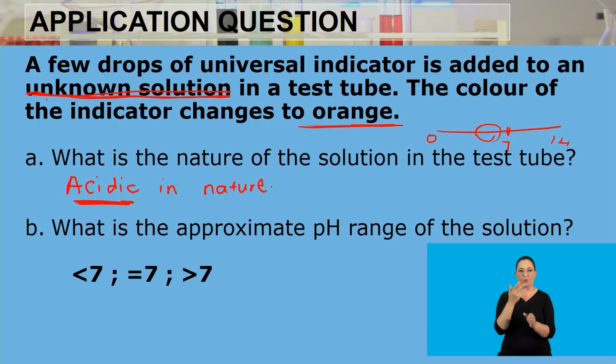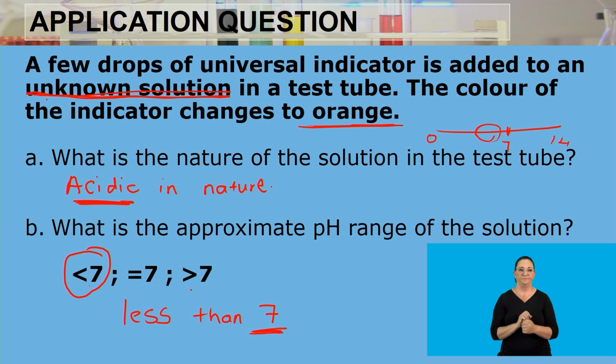So it needs to be less than 7. Because if it's 7, it means it is neutral, and if it's greater than 7, it means it is basic. So it's base, neutral, and acid. So it needs to be less than 7.